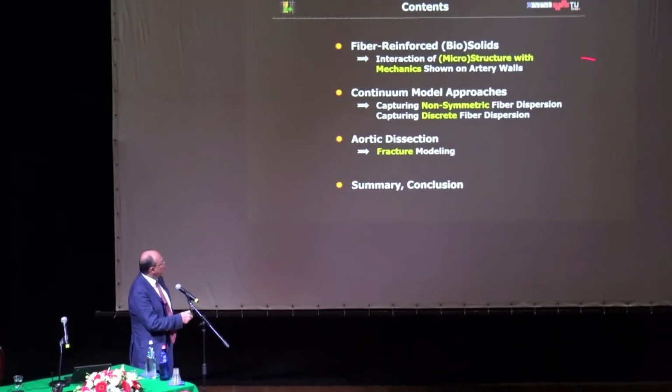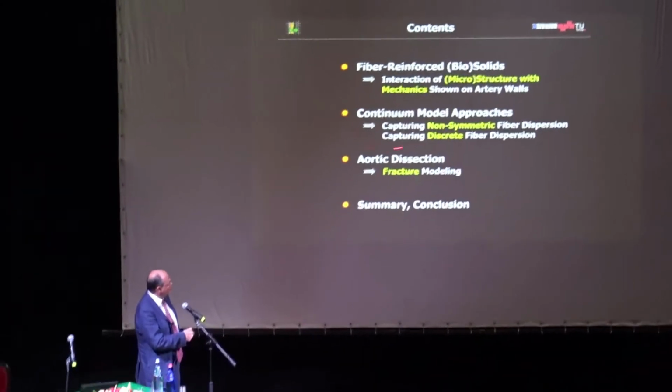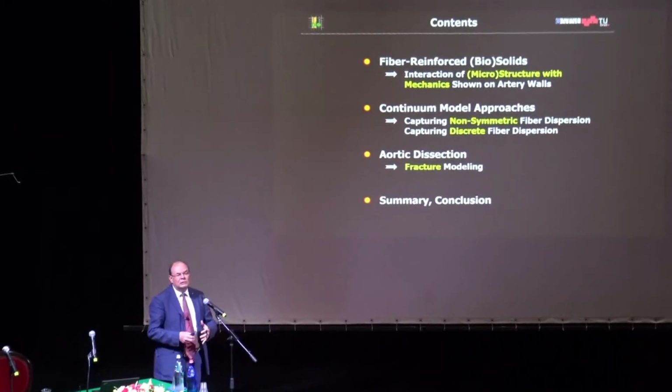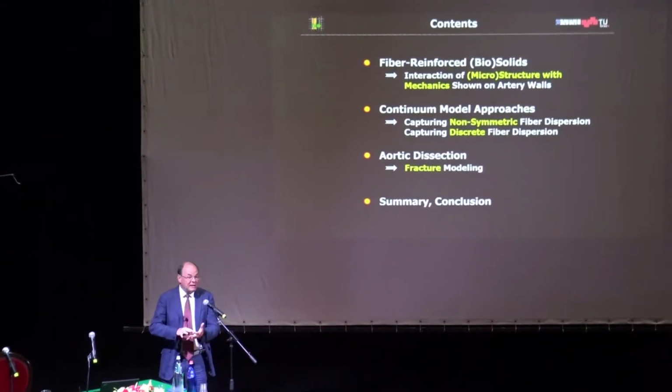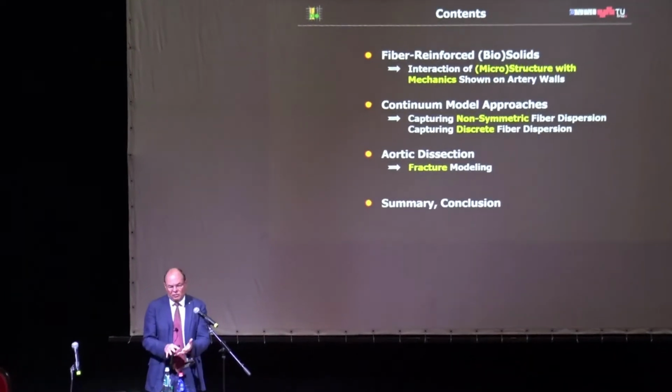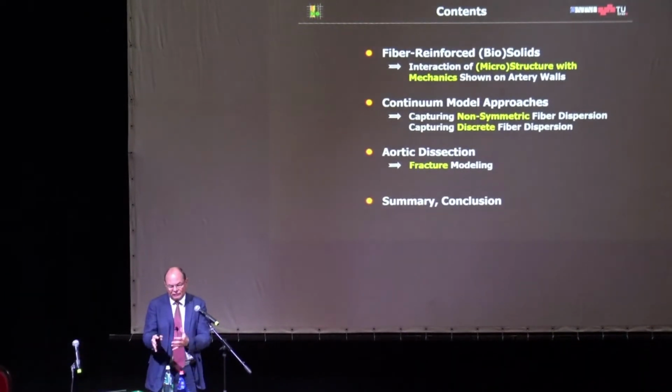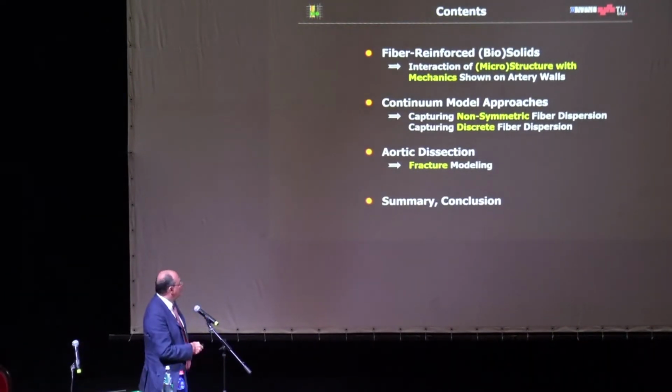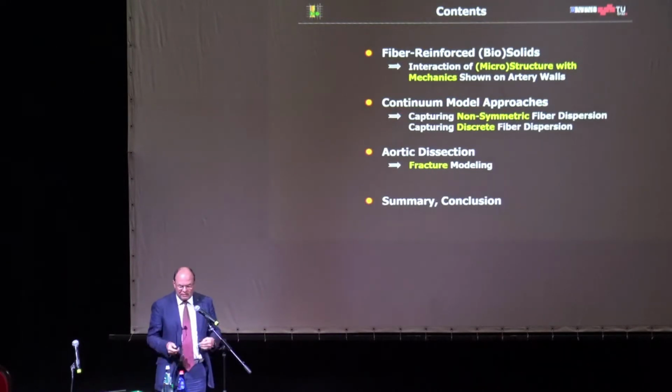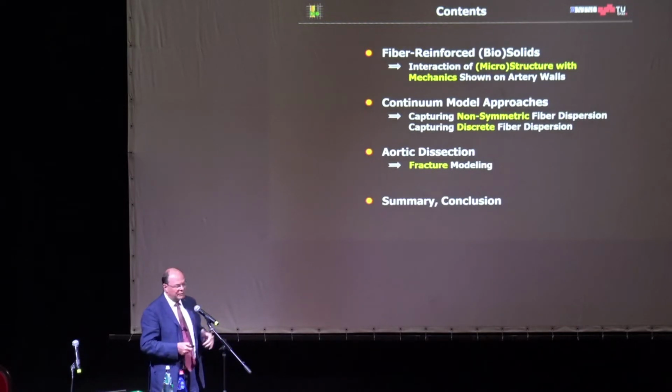And then I want to show you continuum model approaches where you include a non-symmetric fiber dispersion, because these collagen fibers are dispersed in our arteries. I will also show you a discrete approach for how to do that. And finally, I will talk about a very interesting application. This is an aortic dissection where we also do fracture modeling.